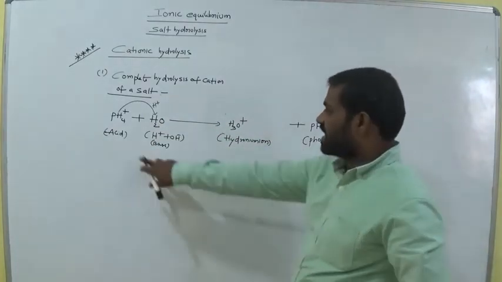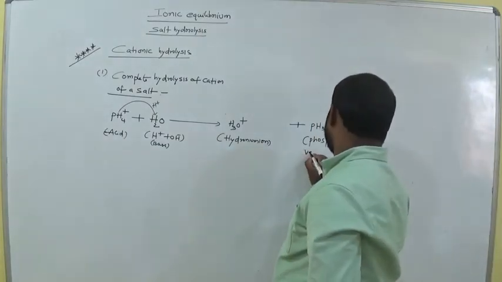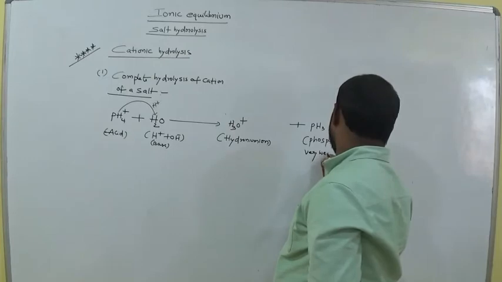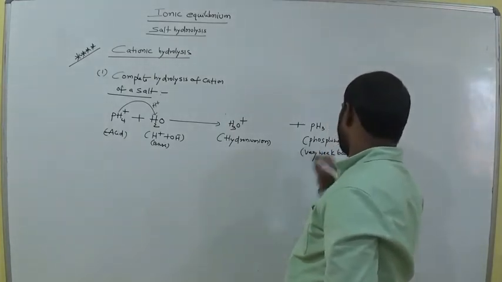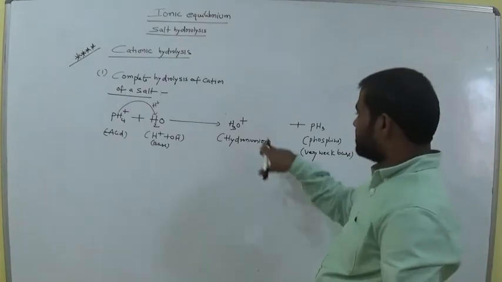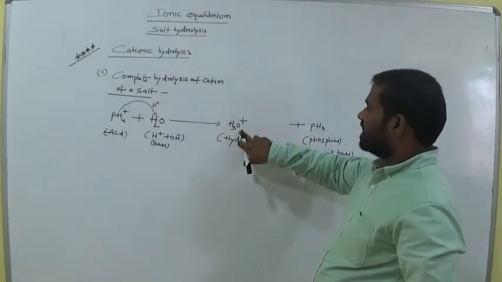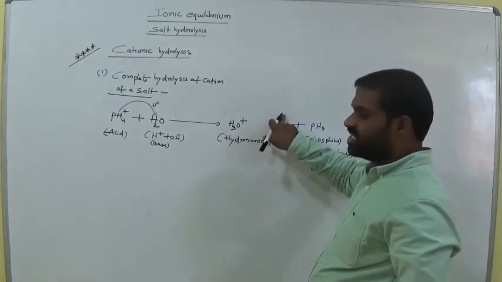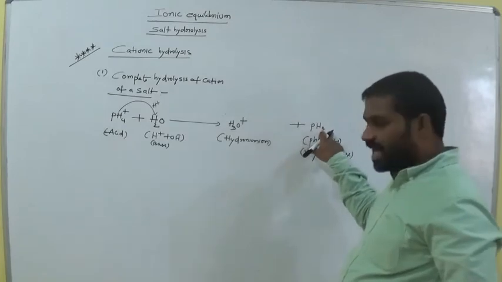Clear? Now this is the acid, okay? Now this is a very weak base, that means unable to accept the proton. In these two cases, now H3O plus is able to donate the proton to PH3.